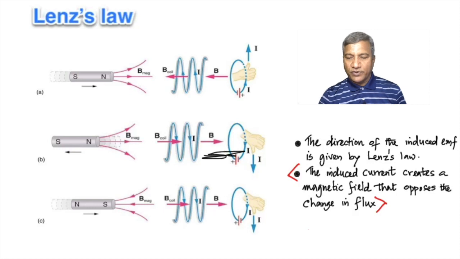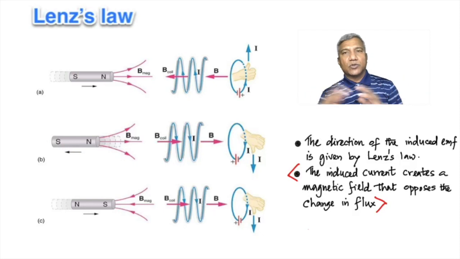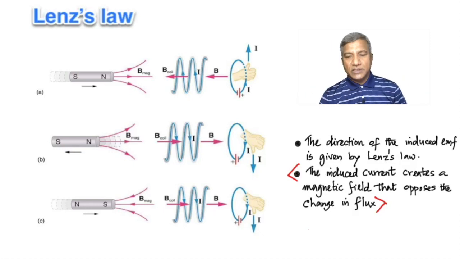So the magnetic field due to the magnet was in this direction, right? And the induced current also produces a magnetic field in the same direction. Why? Because the magnetic field is decreasing and it wants to oppose that.